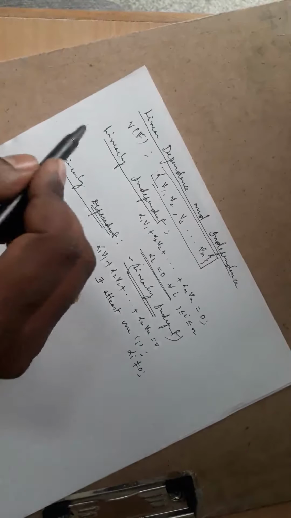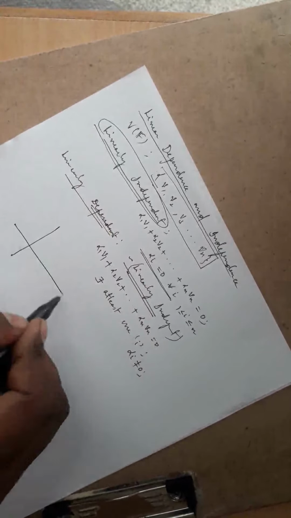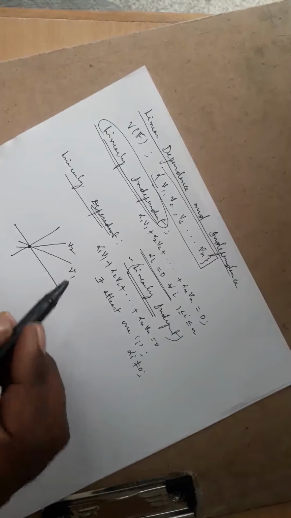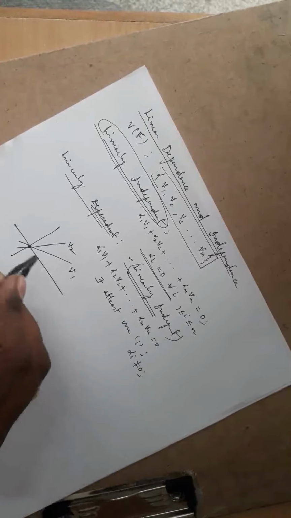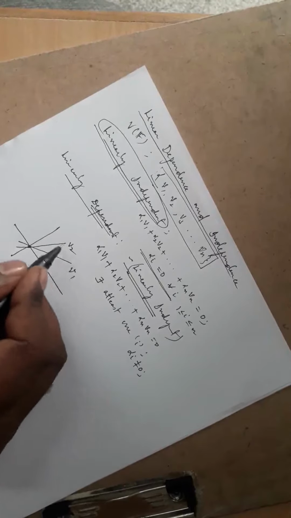In the sense, see, the whole idea is this. When we say that the set is linearly independent, consider all the vectors. Let me say two vectors are there. So this is v1 and this is v2. Whether they are linearly dependent or independent, that is the question. See, when can the linear combination be made 0?